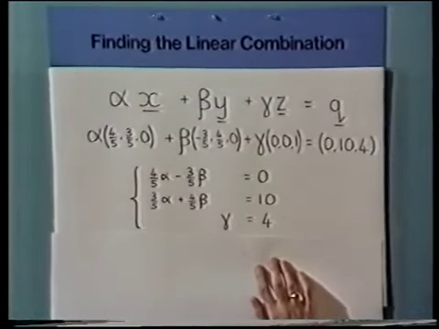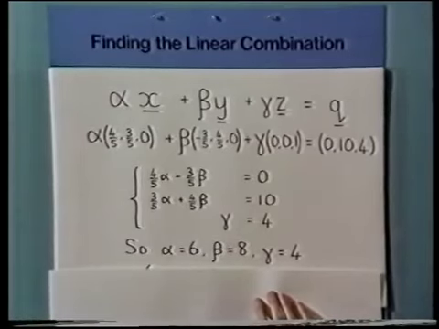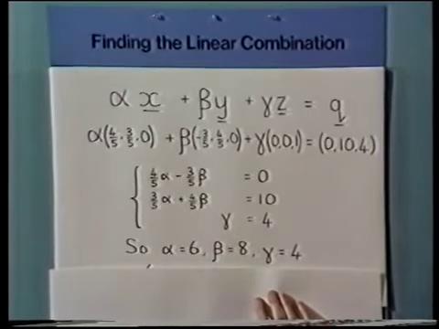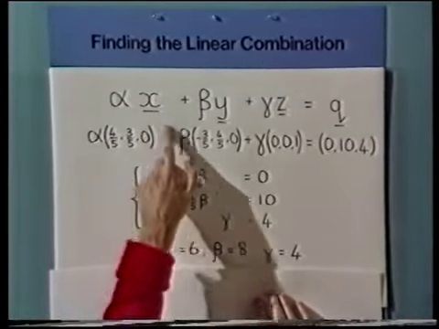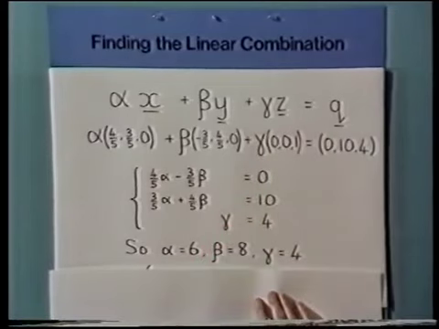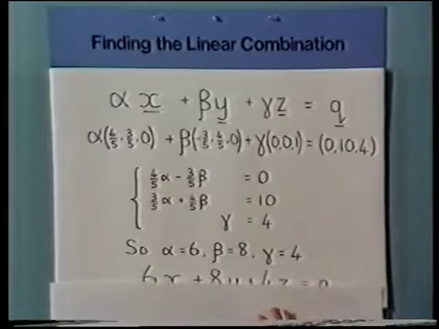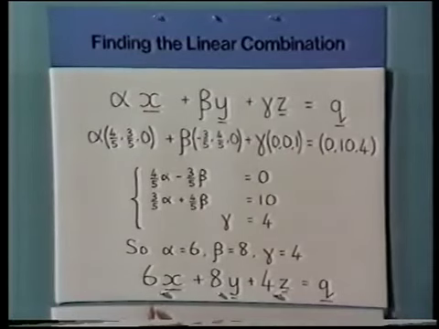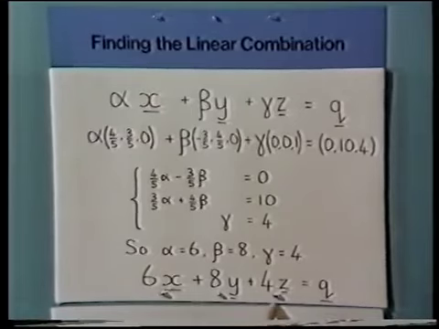These are then solved after a bit of work, and that gives alpha equals 6, beta equals 8, and gamma equals 4. And again, those are the only solutions. So the only way in which this top equation can hold is for those values of alpha, beta, and gamma that we've just said. In other words, that q is 6x plus 8y plus 4z.